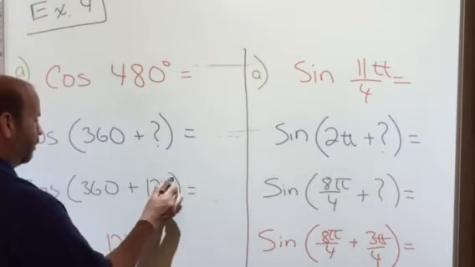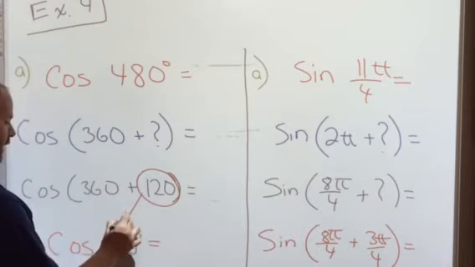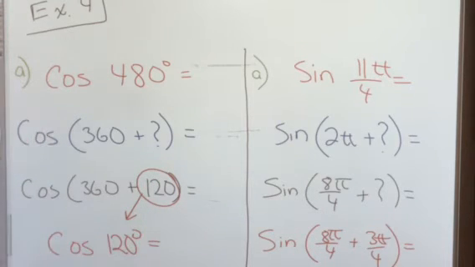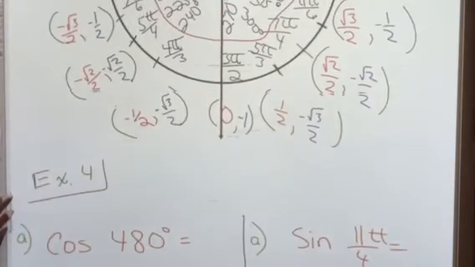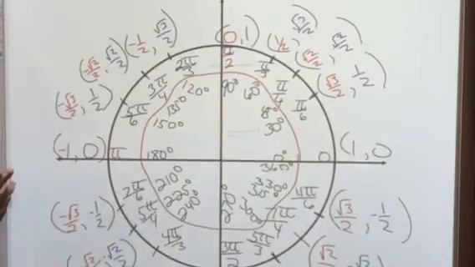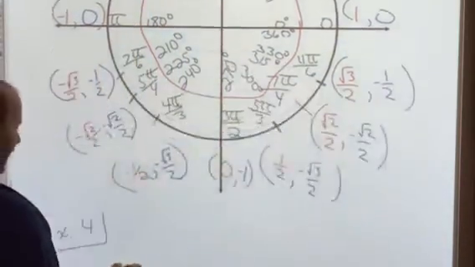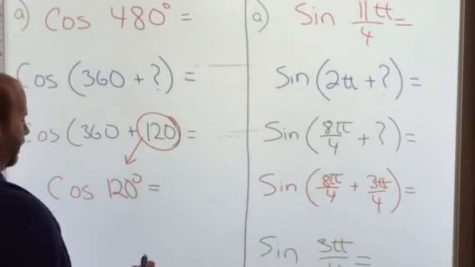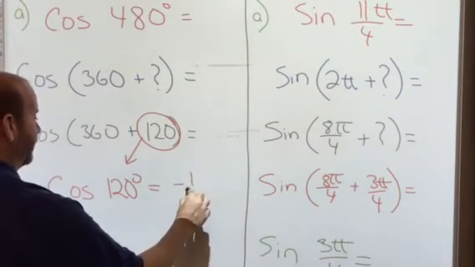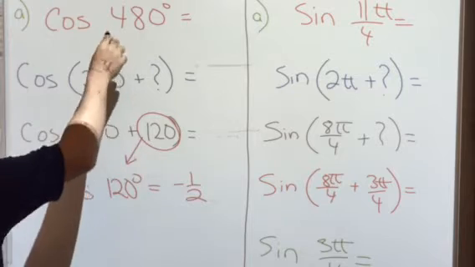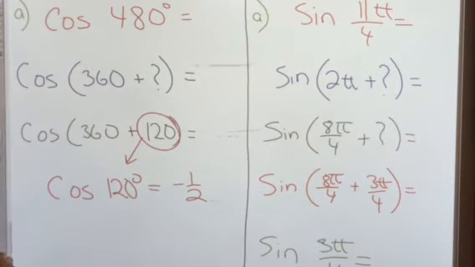Okay, so 120 is basically the same value, right? The cosine of 120 is the same thing as the cosine of 480. So the cosine of 120, cosine is the x coordinate, so it's negative 1/2. So the cosine of 480 degrees is negative 1/2, just like the cosine of 120 degrees.